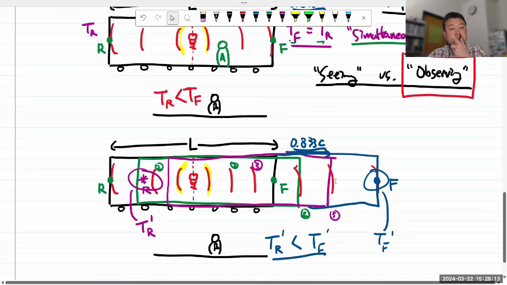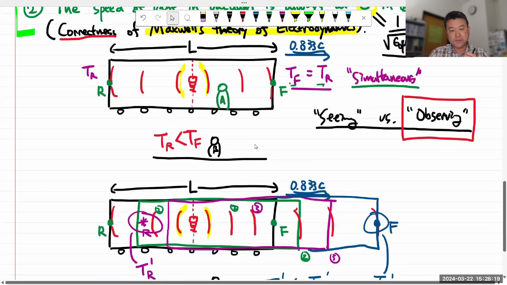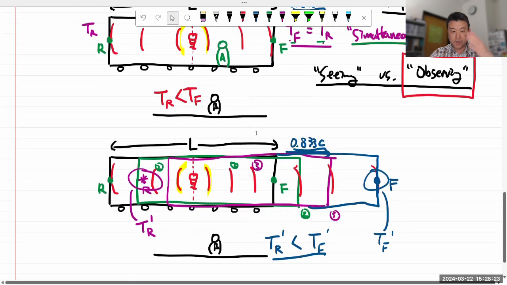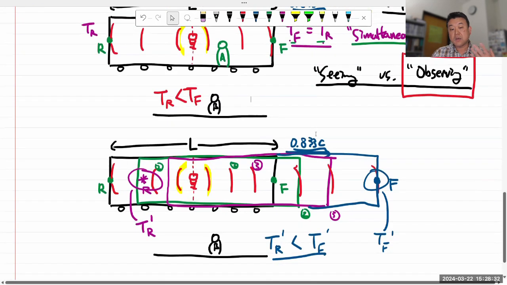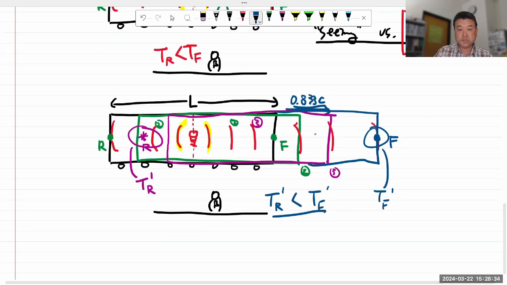But if you're dealing with sound waves, for example, the way you would resolve this apparent contradiction is to say that in Alice's frame, these two waves are traveling at the same speed. But in Bob's frame, they are not traveling at the same speed.